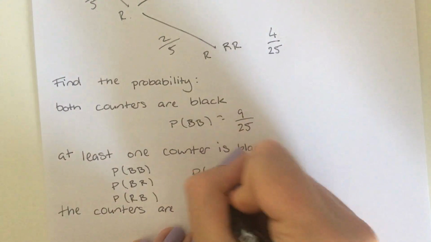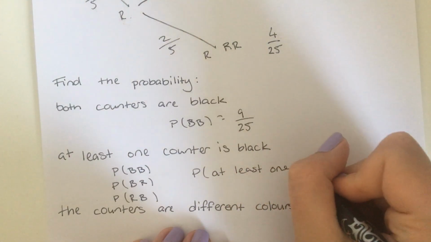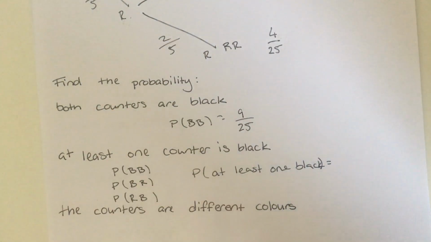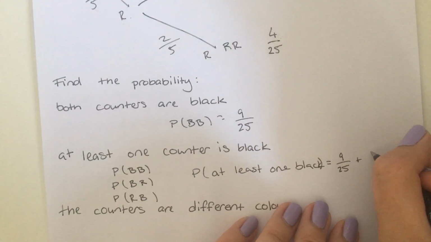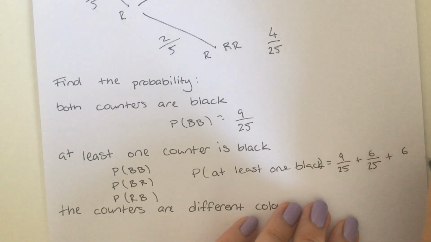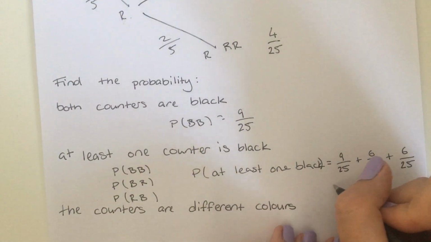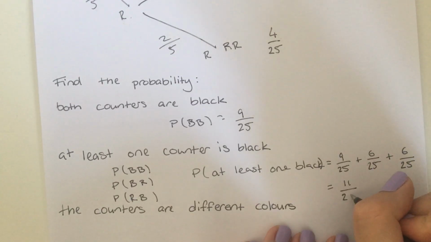So the probability to get at least one counter being black is 9/25 plus 6/25 plus 6/25. 12, 21.